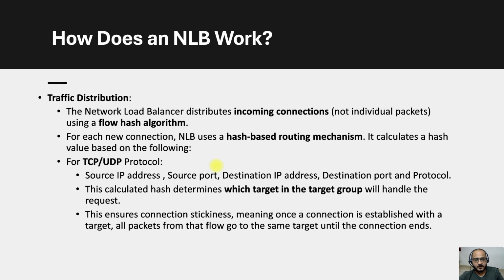We don't need to configure this algorithm; it is used internally when the network load balancer is created. For each new connection, the network load balancer uses a hash-based routing mechanism. It calculates a hash value based on the following parameters. If you are using the TCP or UDP protocol, it calculates a hash value based on the source IP address, source port, destination IP address, destination port, and the protocol.